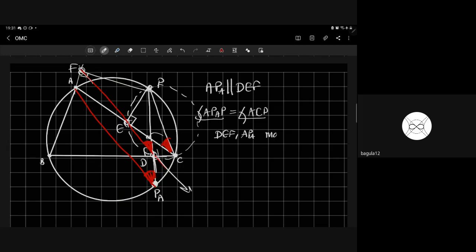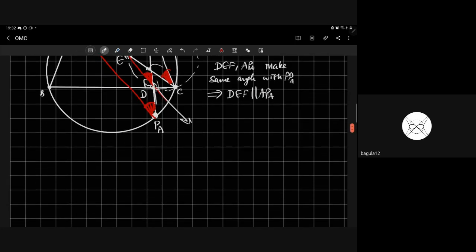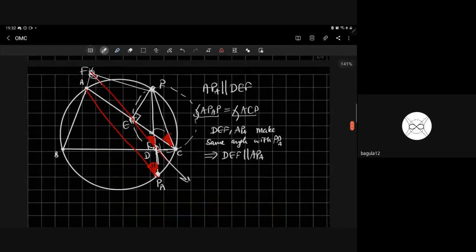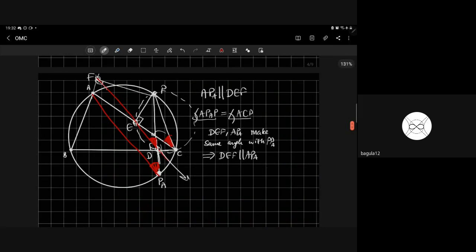I'll just write that down. So that means DEF and APA are parallel. Okay, next exercise. This is a powerful result. It will be better if you remember it.